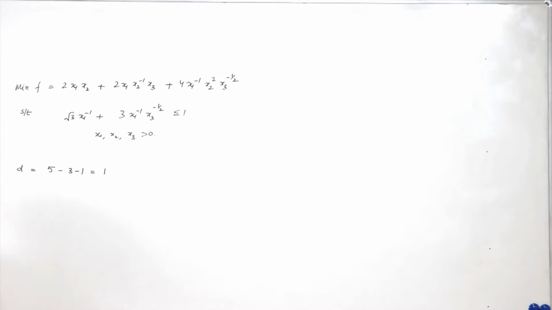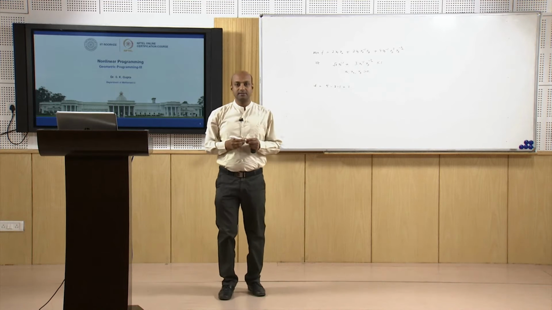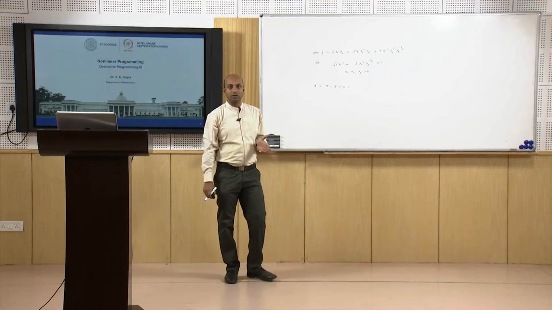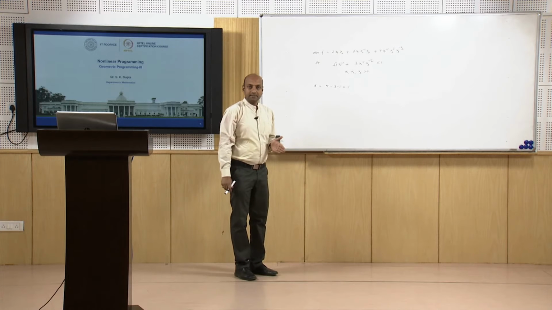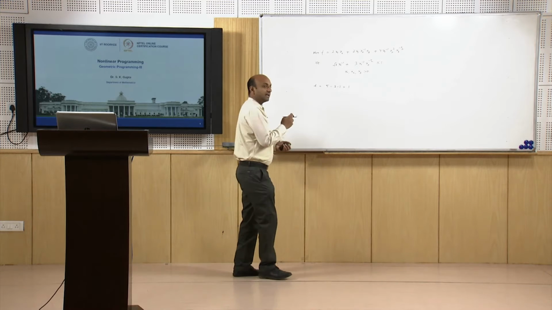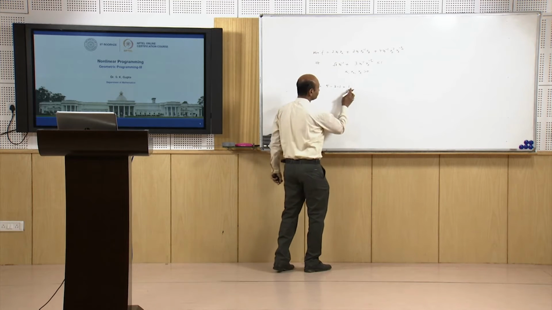We have already shown in the last lecture that the degree of difficulty is equal to the total number of terms minus the number of unknowns minus 1. So the degree of difficulty for this problem is 1.